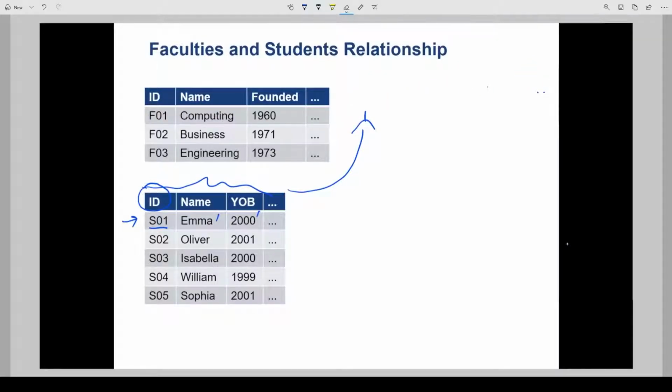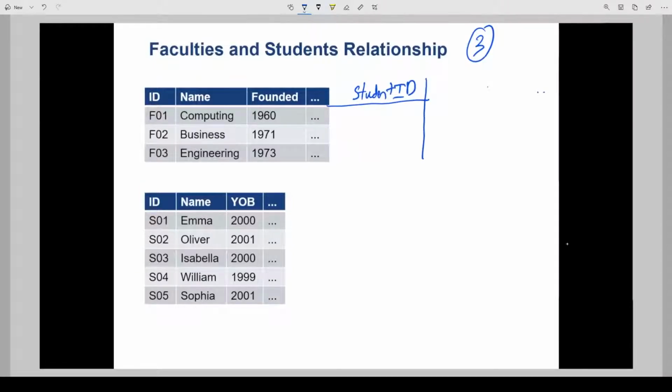Let's go to the third solution. So the third solution is, we only get the student ID column in here. Now, given Emma studies computing, we need to fill in Emma in here.